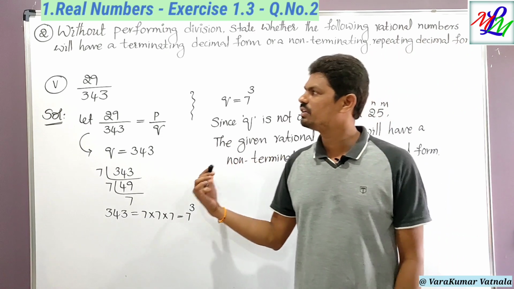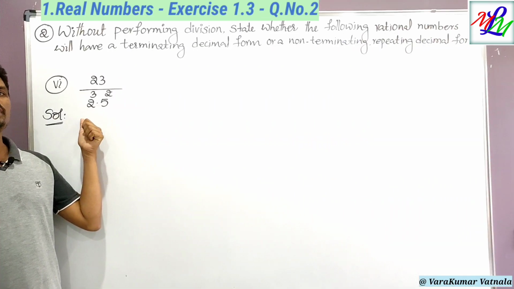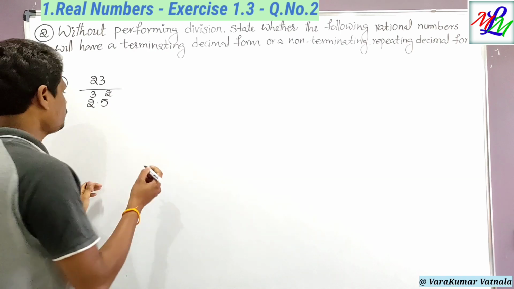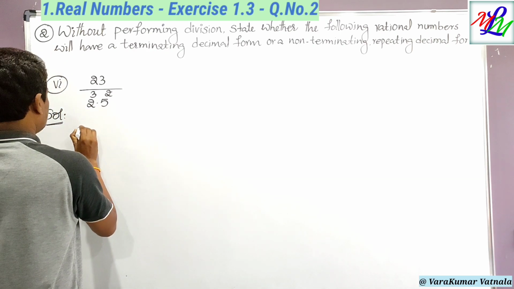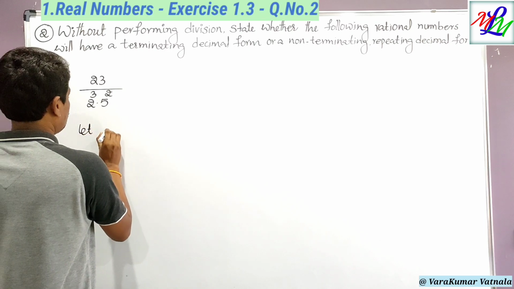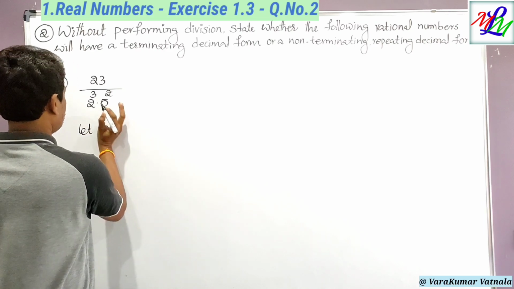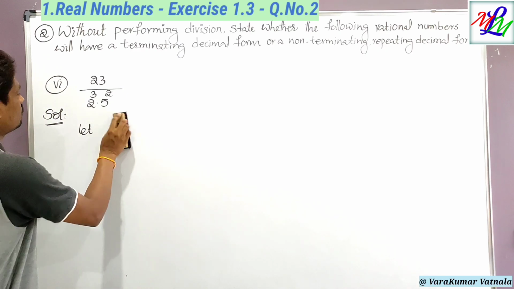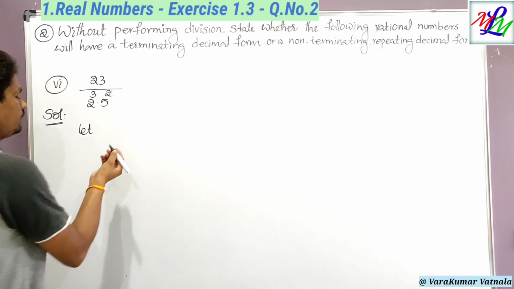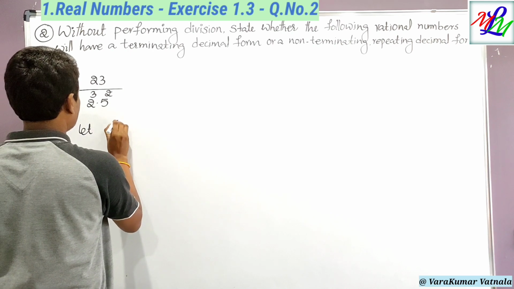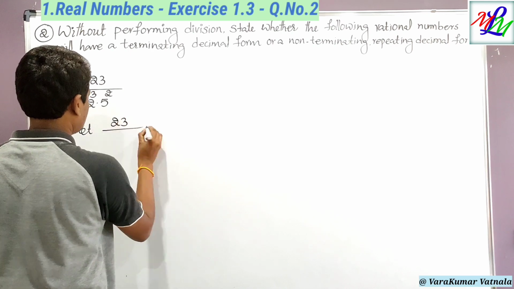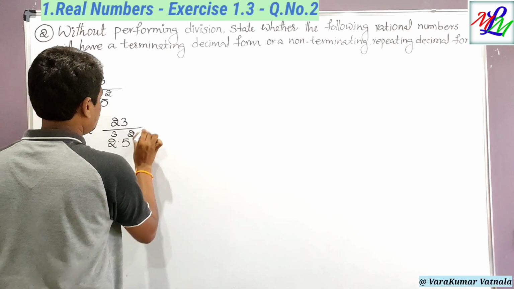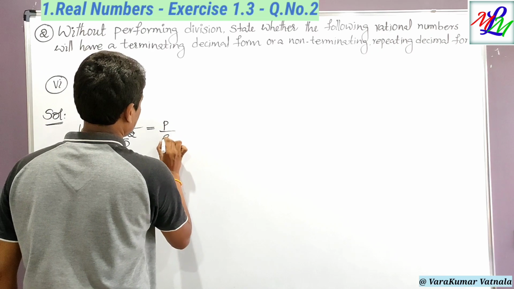So student, this is the fifth bit. Next we have to solve the sixth bit. 23 divided by 2 to the power 3 into 5 to the power 2. So let 23 divided by 2 to the power 3 into 5 to the power 2 be equal to p by q.